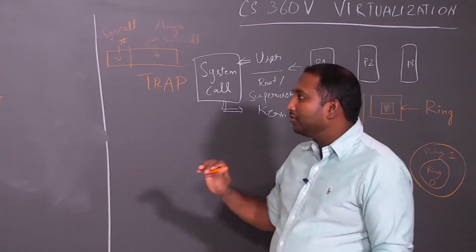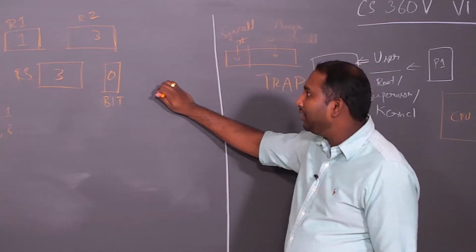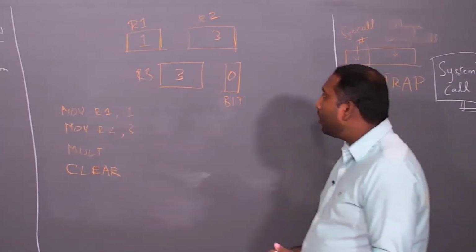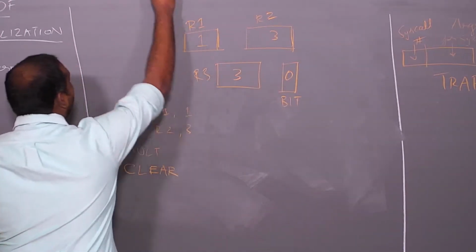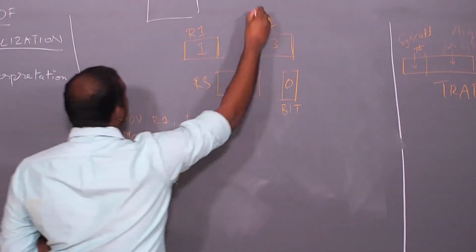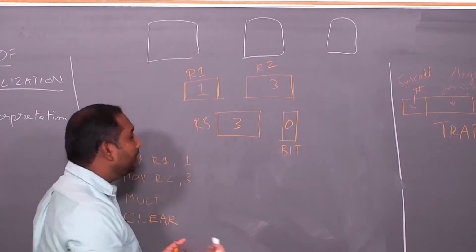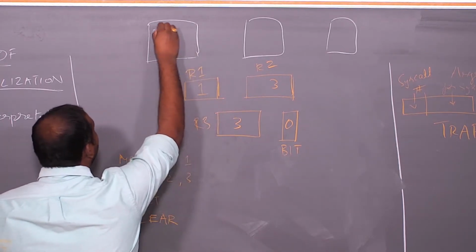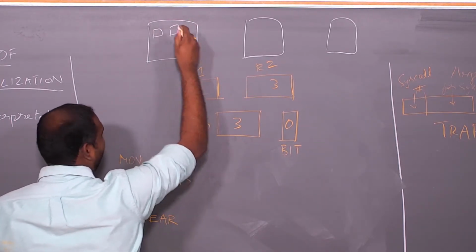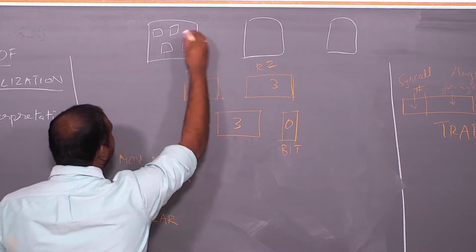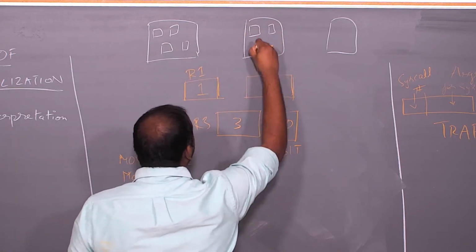Okay, so we have this physical hardware, and what we really want to do is virtualize it so that, let's say there are 3 users. All the users see this hardware, so they see all of these bits and all of these registers.